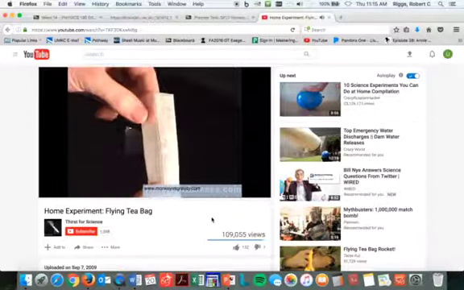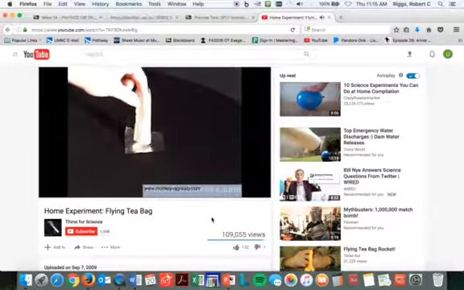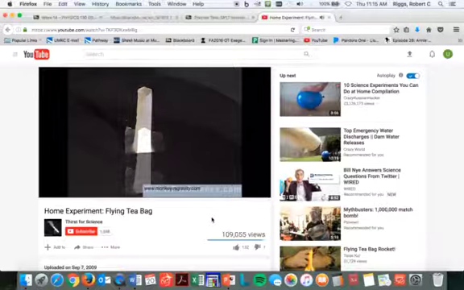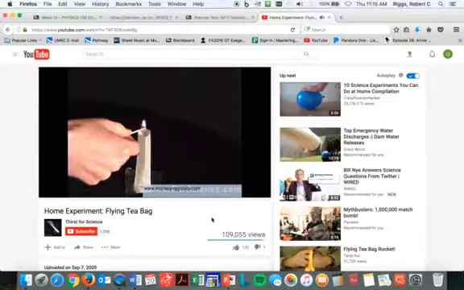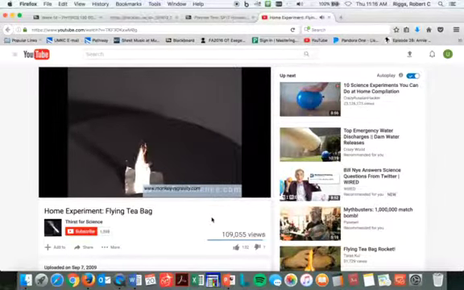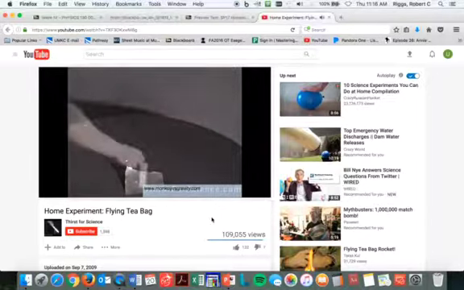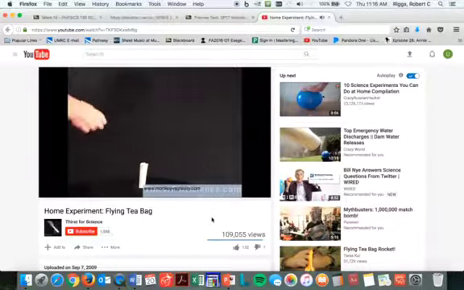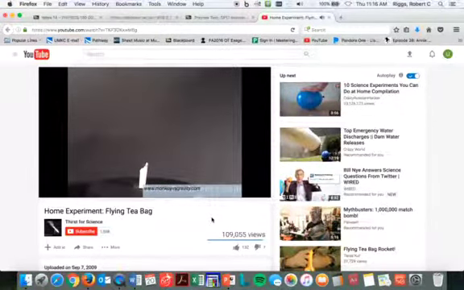Now you should have a cylinder made of tea bag material. Place this cylinder on top of a piece of tinfoil or something else that won't burn, and then use your matches to light the top of the tea bag. As the tea bag burns, it fills with hot air. Since hot air rises, the tea bag flies up into the air.